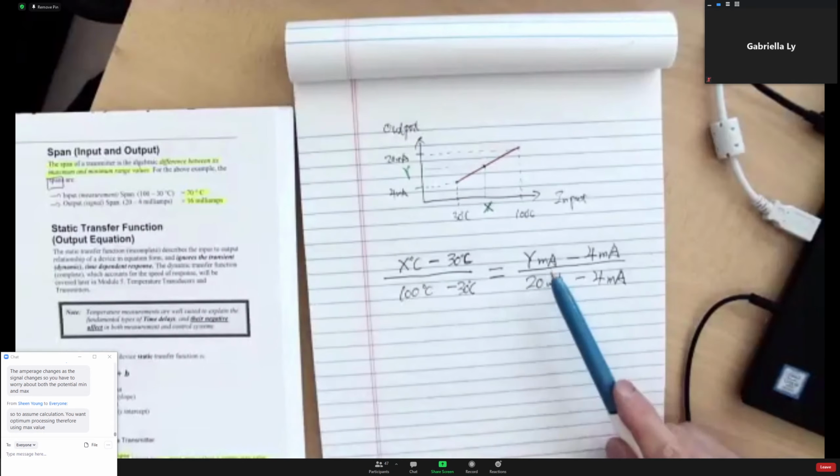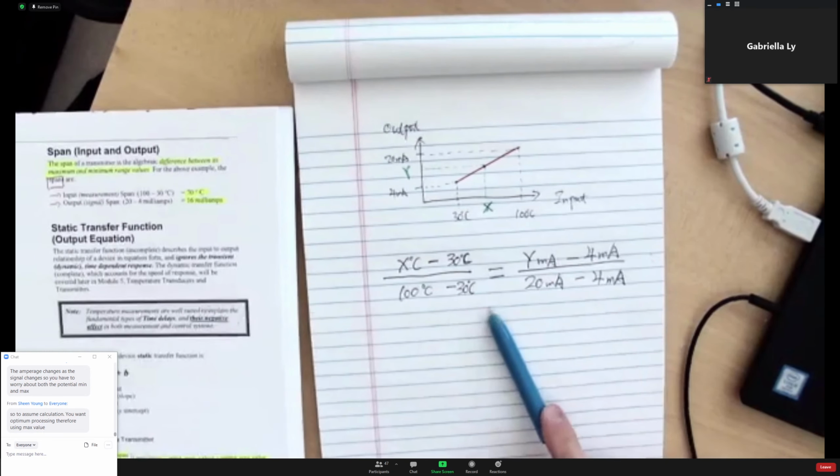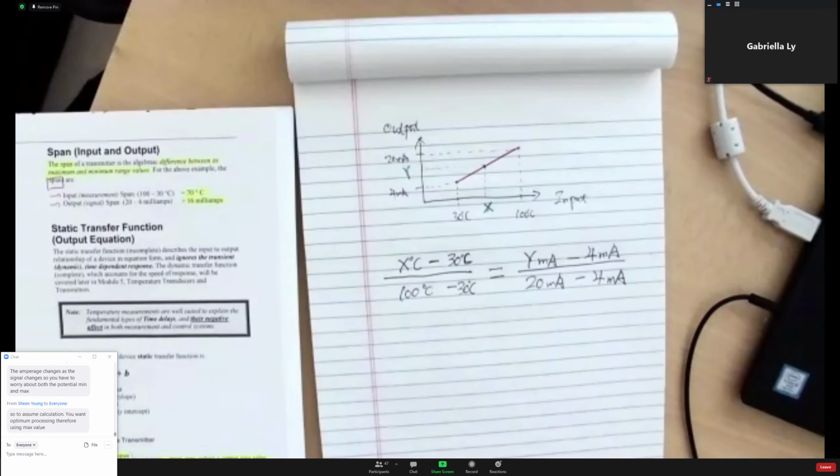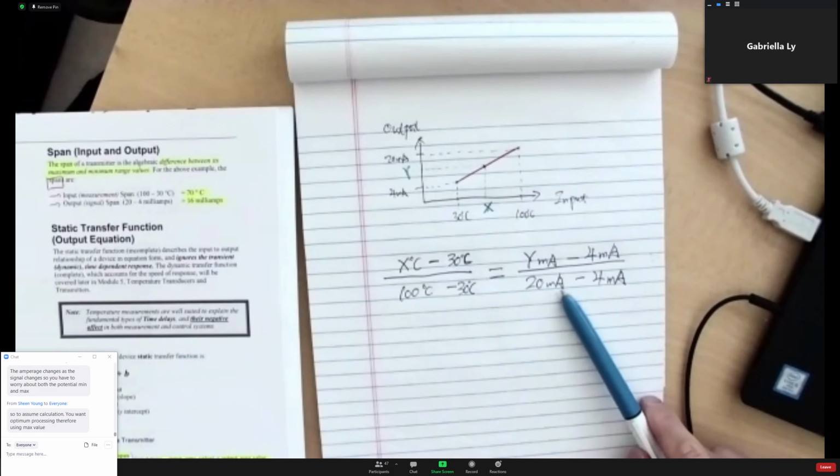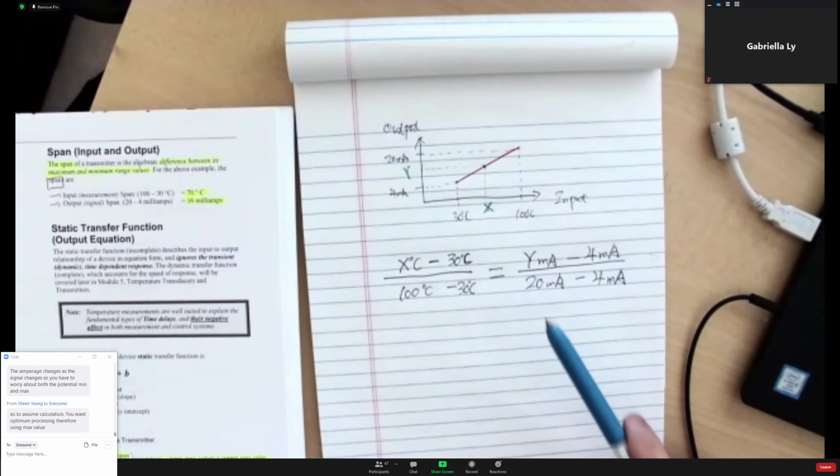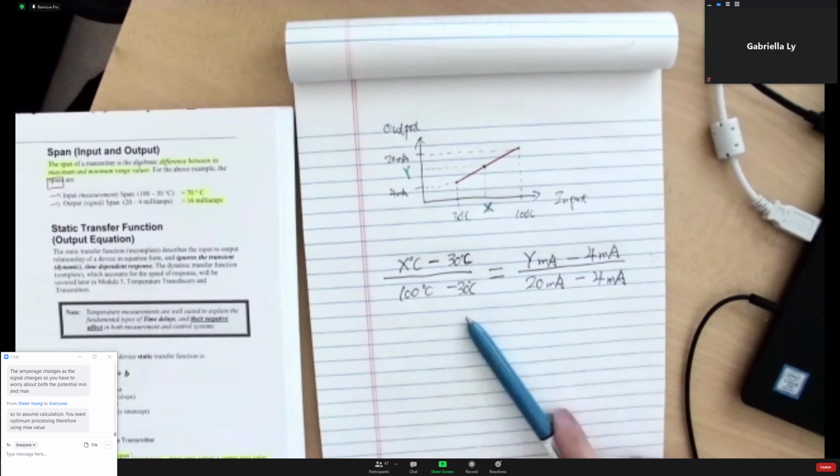So that's the basic proportion between these two values. I know some of you will be able to do the transposing for this formula, but that's the basic idea. To do a calculation, some of you might have difficulty with the transposing.